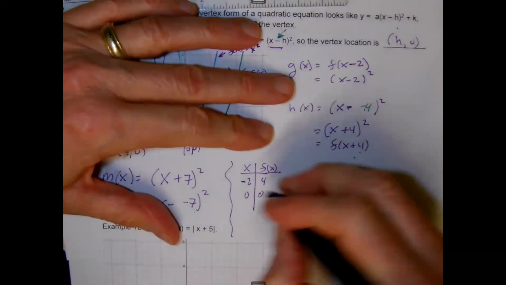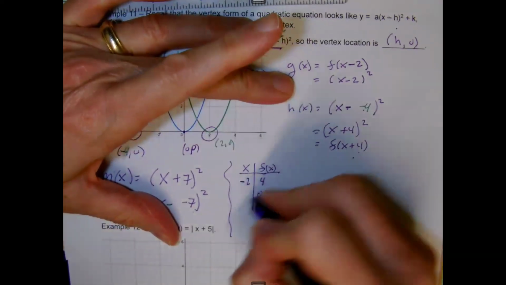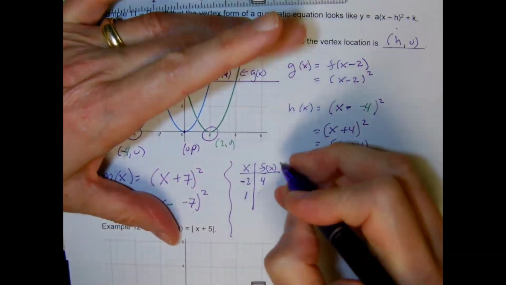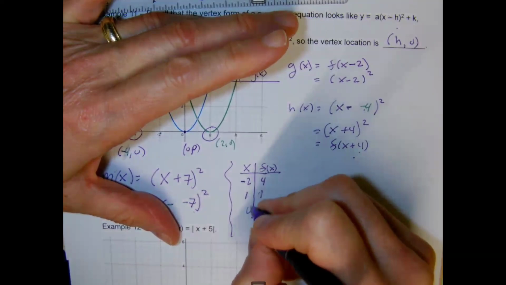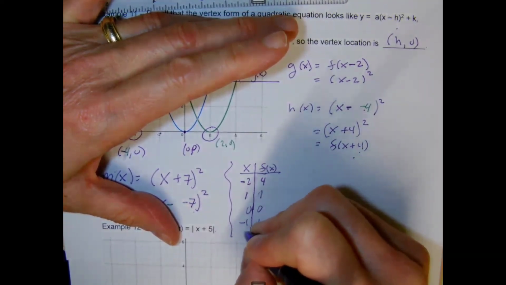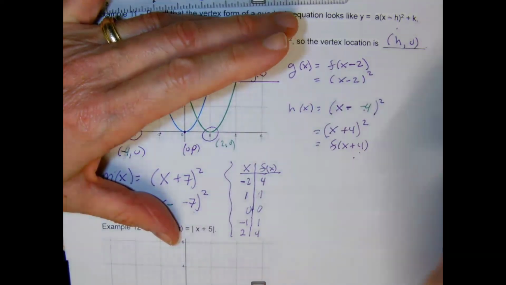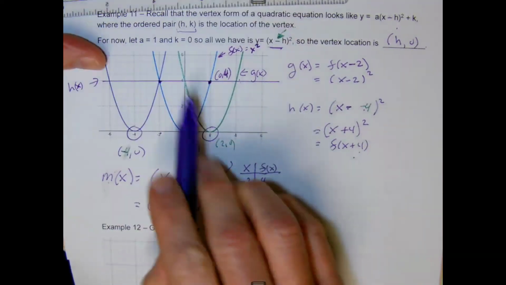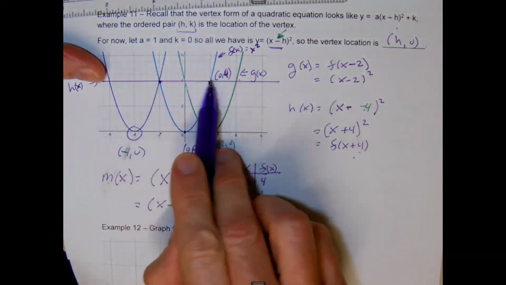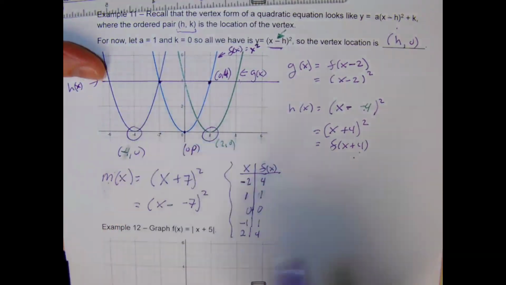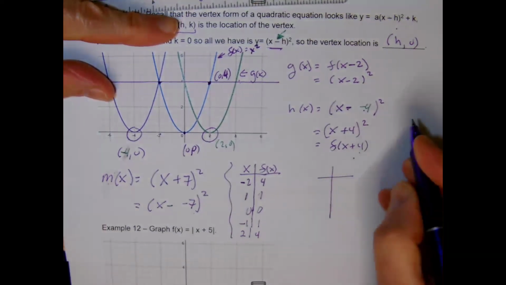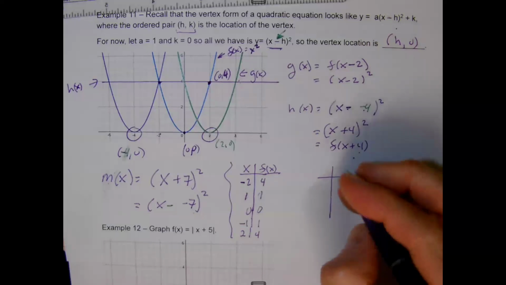So in fact, this is a nice one to put a few more points. 1 squared is 1. 0 squared is 0. -1 squared is 1. And 2 squared is 4. Okay? But as I just pointed out, for a given y value, those are not changing. What's causing the change is the x value. So one way of thinking about this is this.